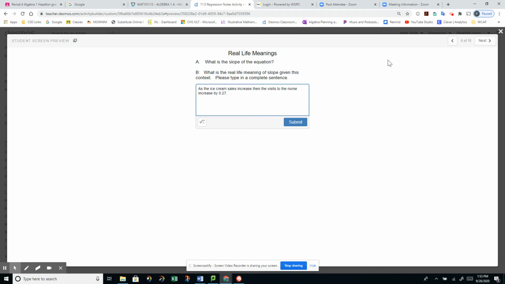That's for slope. Y-intercept: this is like if you had 0 sales, you start with about 12 visits to the nurse. So if there was no ice cream being sold, there would still be about 12. So this is A for slope, and then B is your y-intercept.